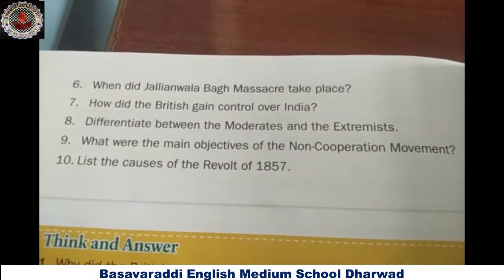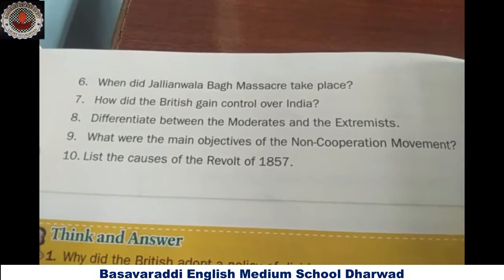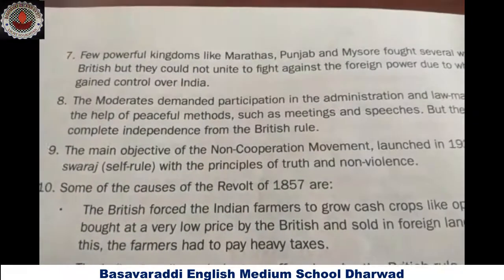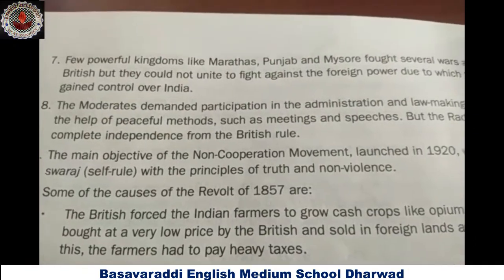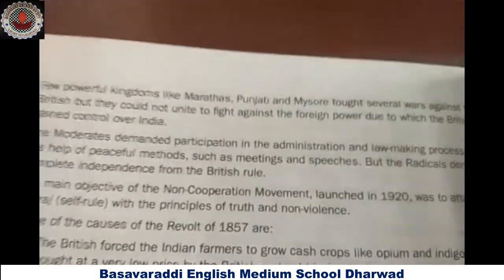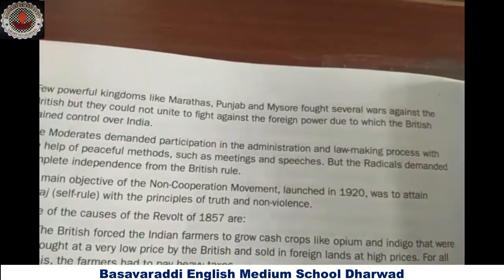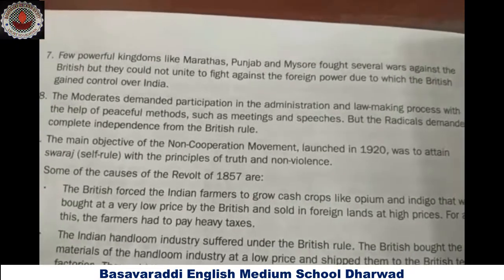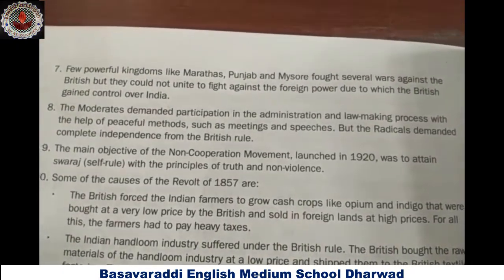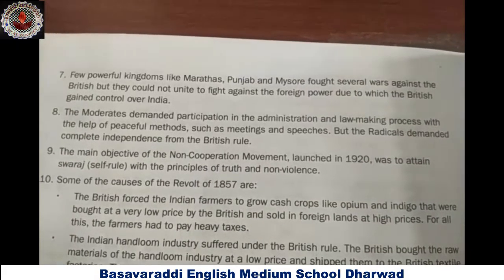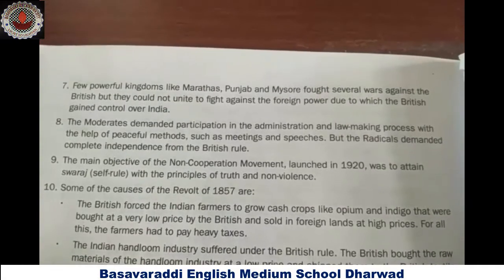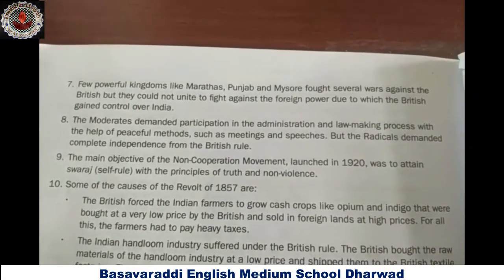Question 8. Differentiate between the moderates and the extremists. The moderates demanded participation in the administration and lawmaking process with the help of peaceful methods such as meetings and speeches, but the radicals demanded complete independence from the British rule.